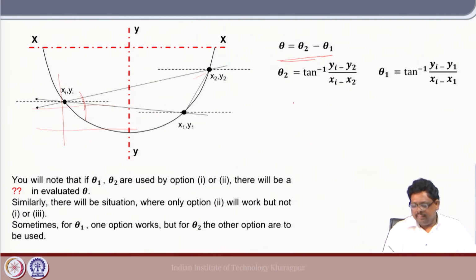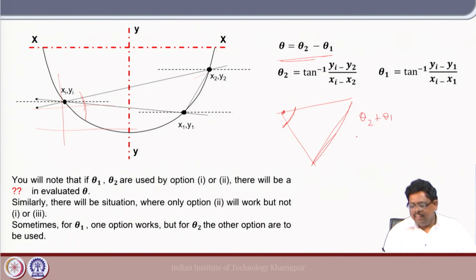Now, suppose this is not the situation. Here is the section, and here is the point. Now, what about this theta? Is it still theta 2 minus theta 1, or in this case should it be theta 2 plus theta 1?